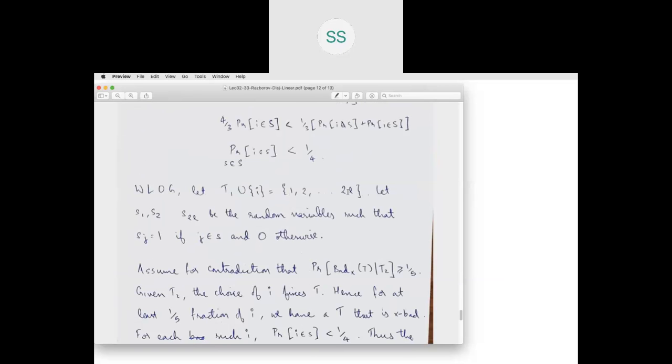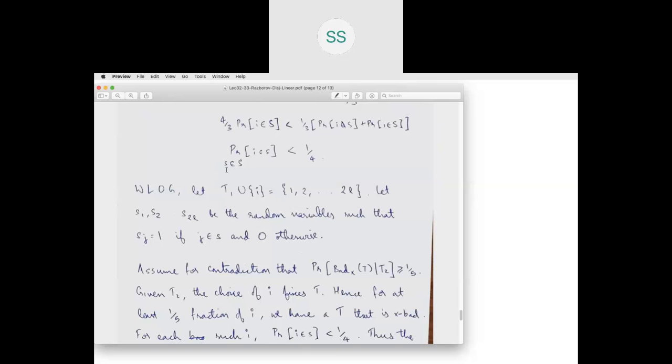So T1 union I is this. Let S1, S2, up to S2L be random variables. So now we'll work with the probability that small s is chosen from capital S. What is the composition of small s?